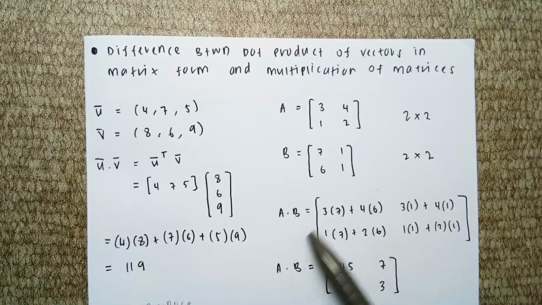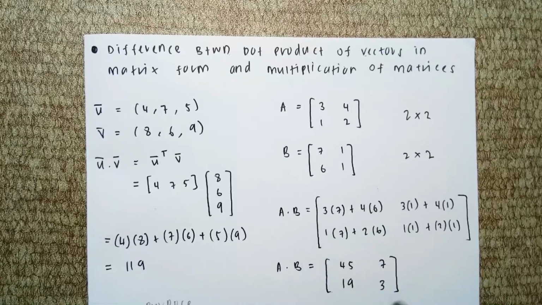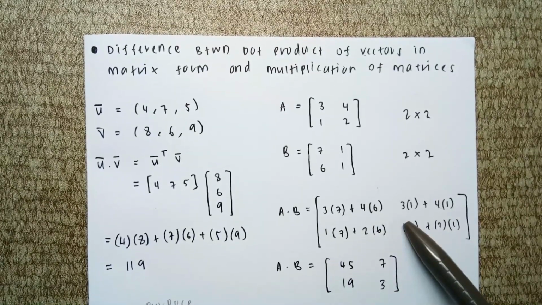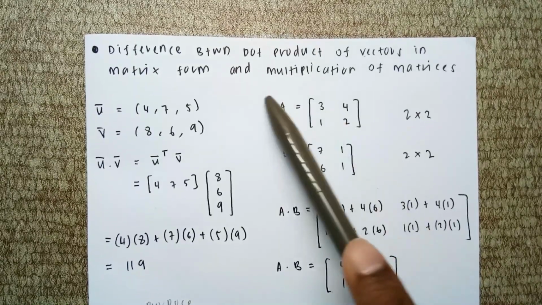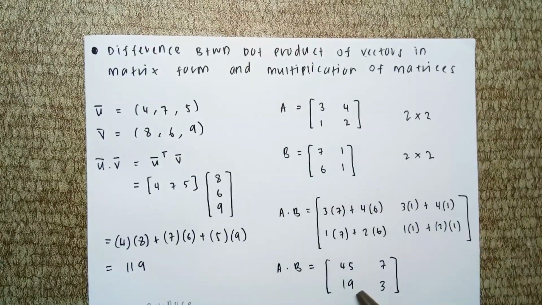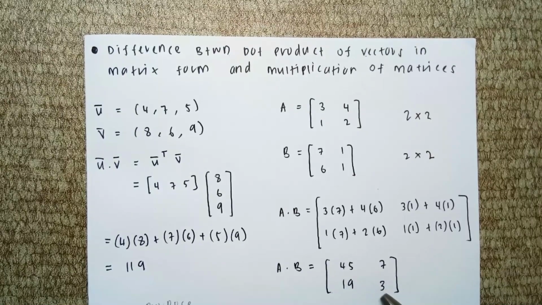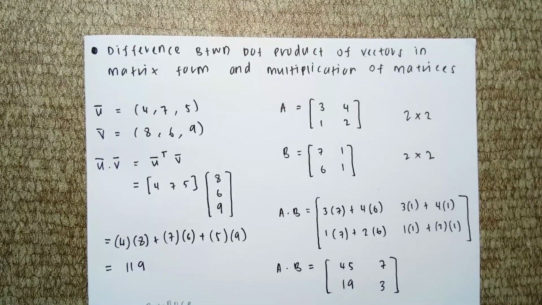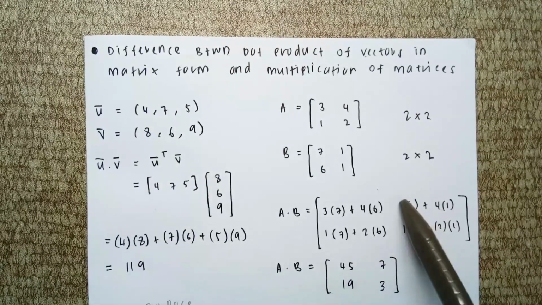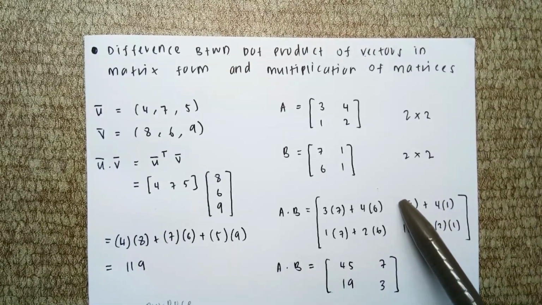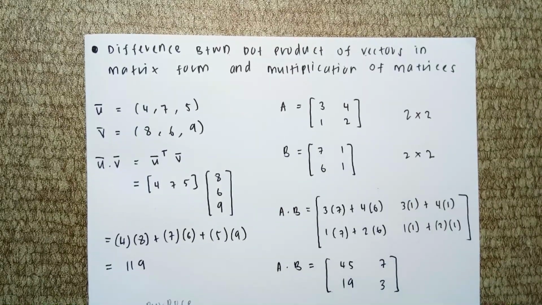And for the next one, we can see that the answer is in matrix form, which is a new matrix because of the multiplication of matrices. So obviously there are three differences that we can find for these operations. Perhaps maybe you guys can find other differences between these operations.